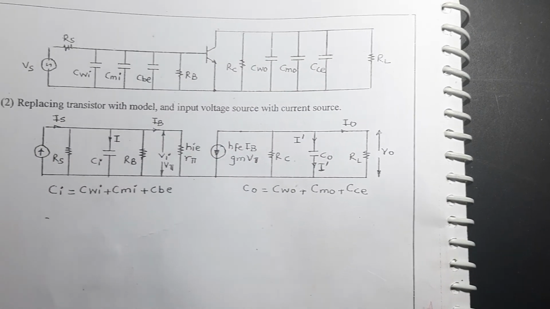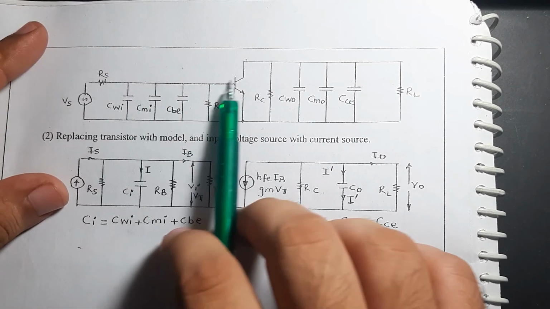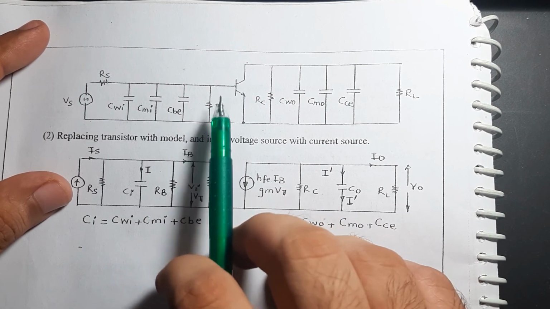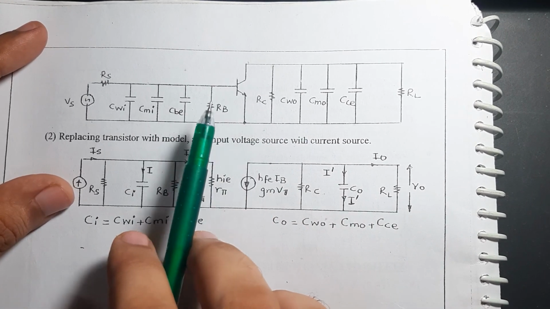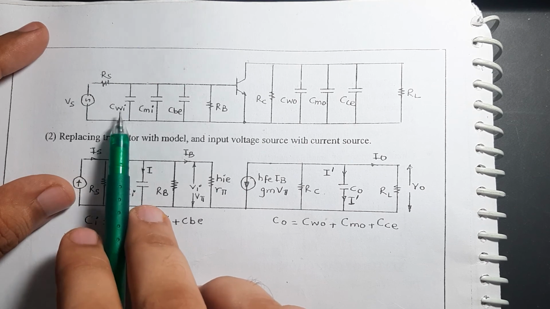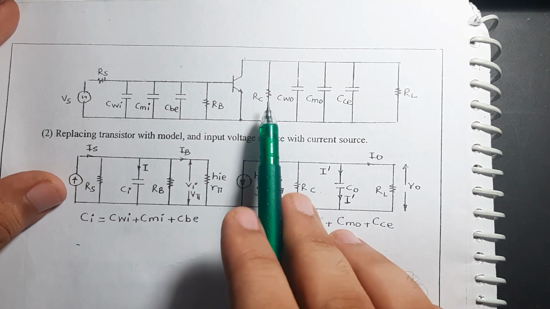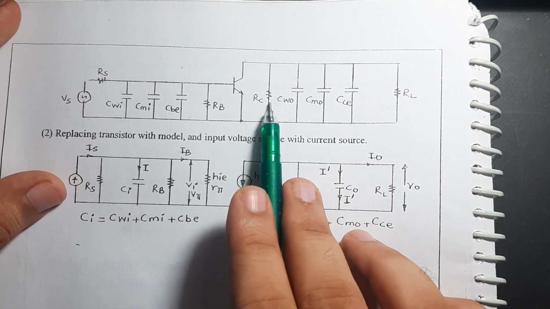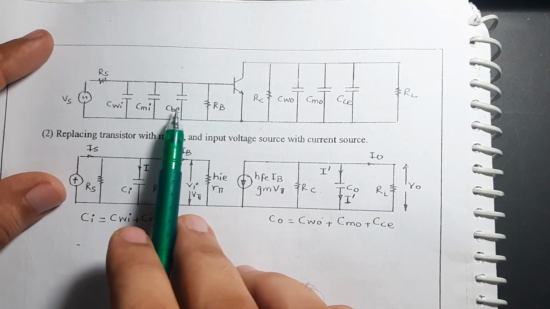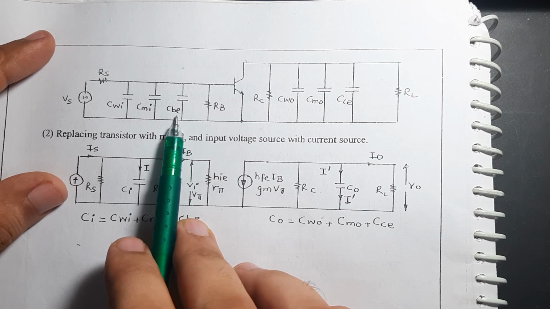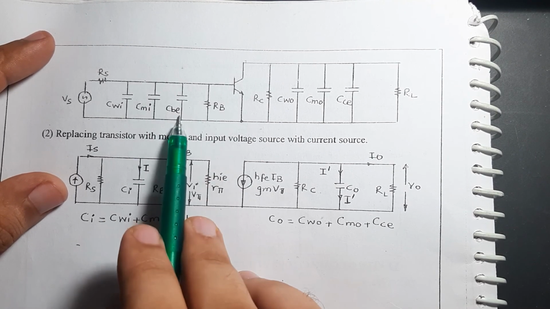So now the circuit over here is going to be represented in this way. Please do remember that RB and RC would be present, and between your RB and the input terminals you have to connect all these stray capacitances. Similarly between RC and RL you have to connect all the output capacitances. Now the first capacitor that you could include is CBE, which is connected between base and emitter.